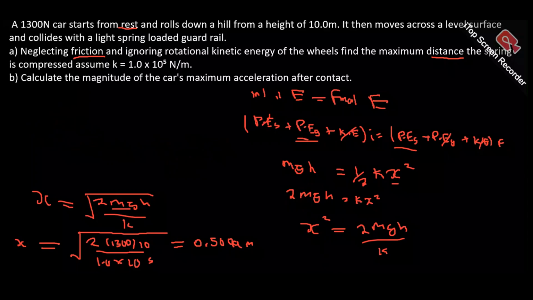Okay, what about the next question? Calculate the magnitude of the car's maximum acceleration after contact. So as we said, this is the formula we're going to be using. We're just finding the magnitude.